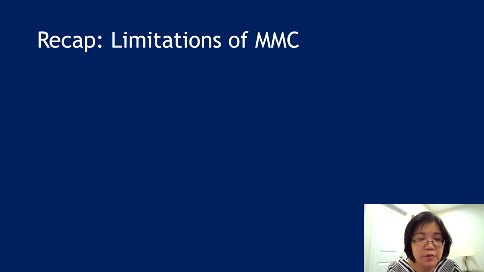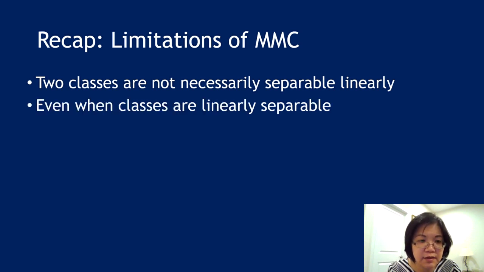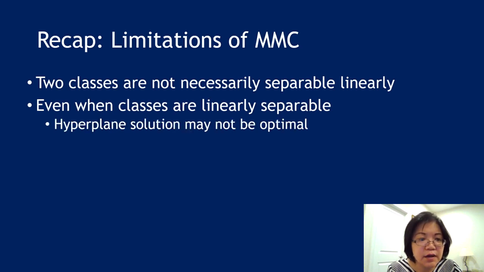So to recap, we have presented a bunch of limitations of the maximal margin classifier. Number one, two classes are not necessarily separable linearly. So we may not be able to find a line that separates the two classes cleanly. Even when the classes are linearly separable, the hyperplane solution may not be optimal.